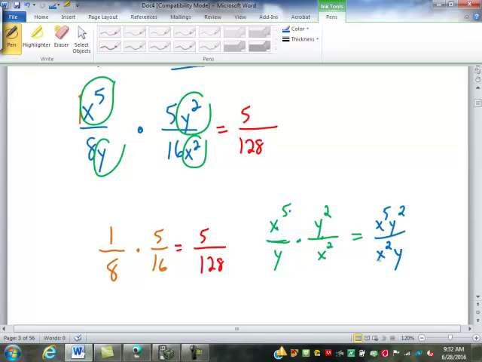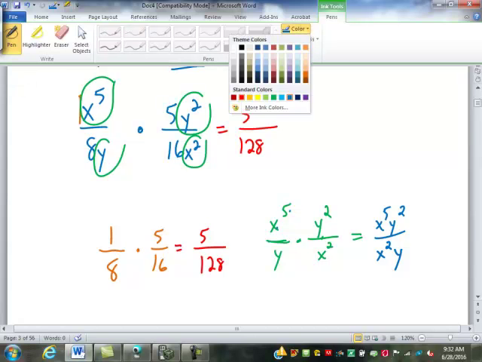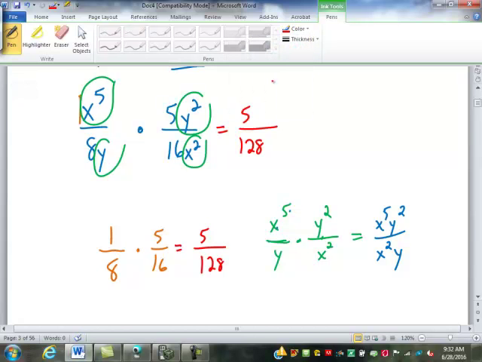So what's that? The y and x squared, we're just going to push them together, and I put the x first because it's easier to have them in alphabetical order.